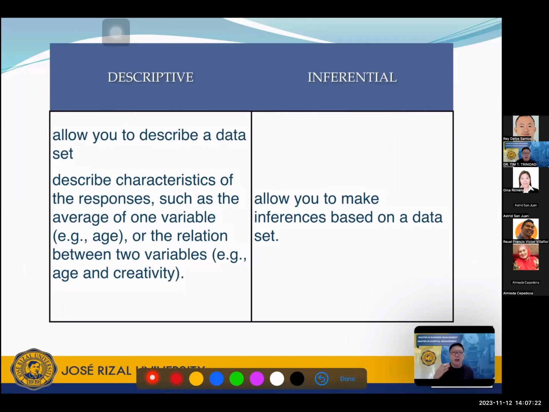In an inferential stat, you are going to make inference based on your descriptive stats. So kung ano yung mga nakita mo dito na mean, median, mode, when you start doing your inferential test, you are going to make conclusions if it is related to some other variables, with mean, median, and mode of some other classes.